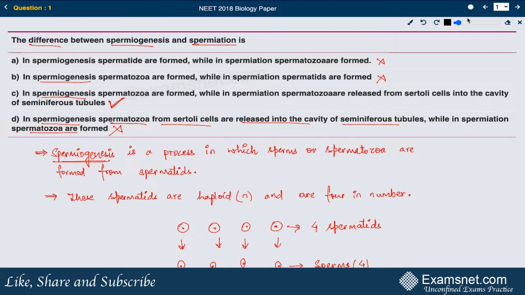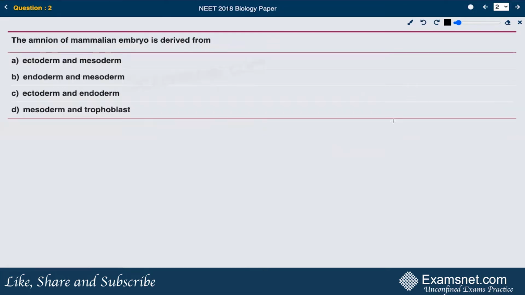All right. Now, question number 2 says that the amnion of the mammalian embryo is derived from. Let me tell you that amnion is basically a category of extra embryonic membrane of the mammalian embryo.